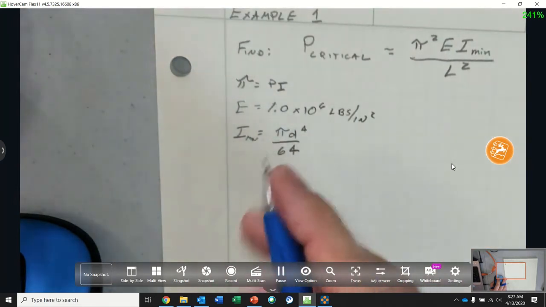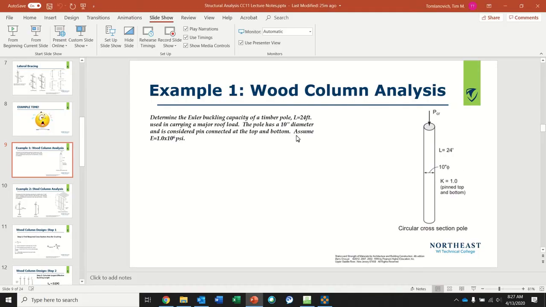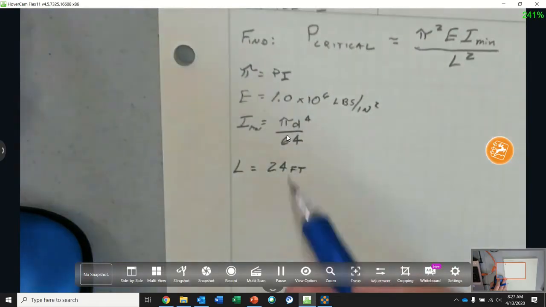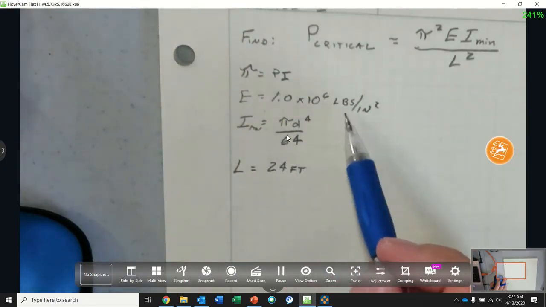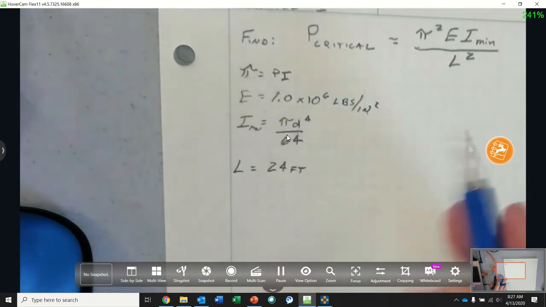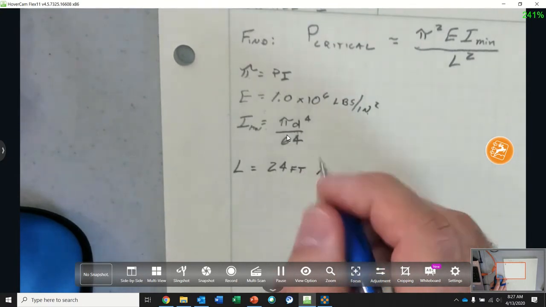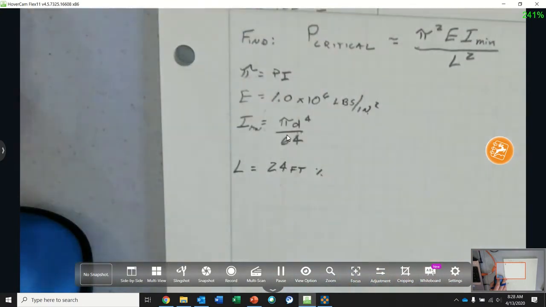Okay, and then my length, if I go back to the problem, is 24 feet. However, we're in inches, so we're going to turn this into inches. I'll calculate this in a second.